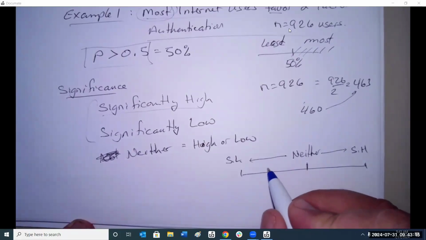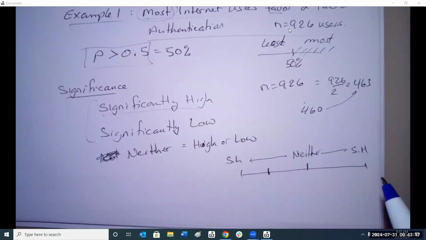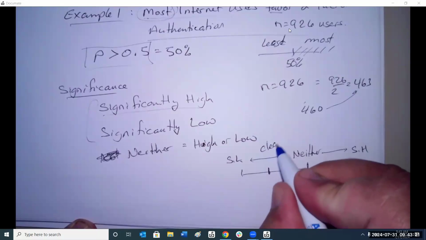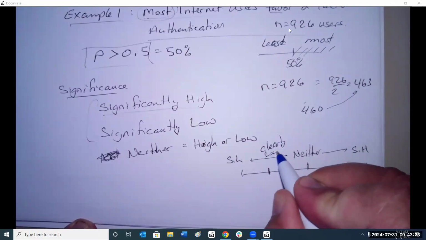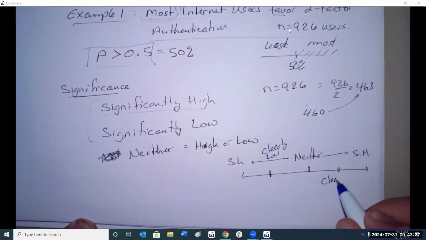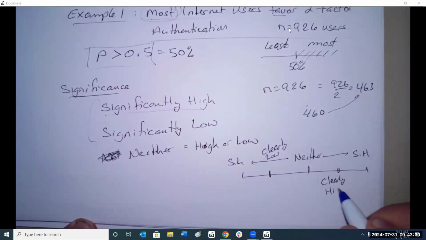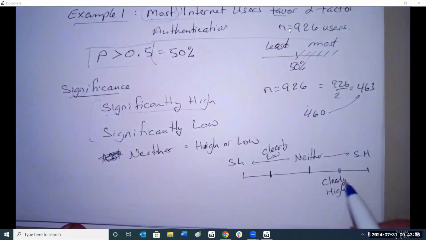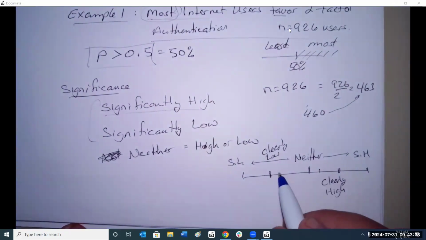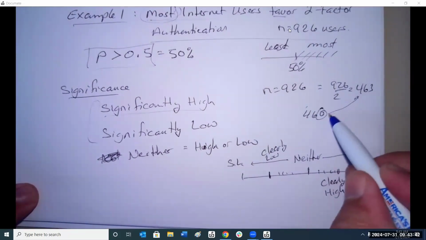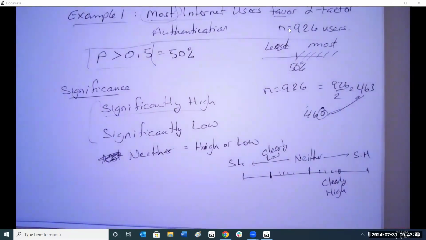So there's a point somewhere where instead of significantly, we say it's clearly low, or it's clearly high. It's not significant, but we notice that there's some gradation here. This is only 3 less than half.